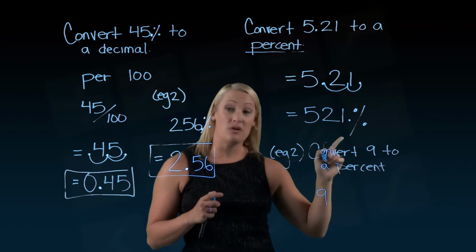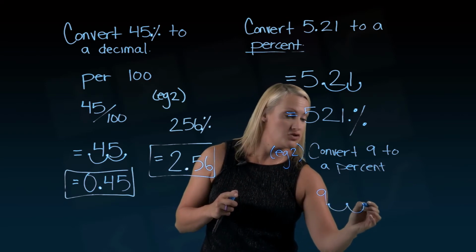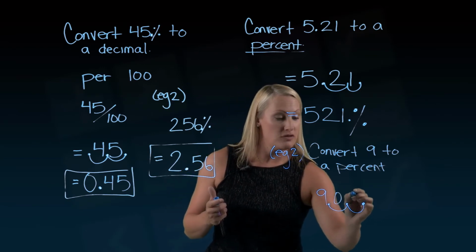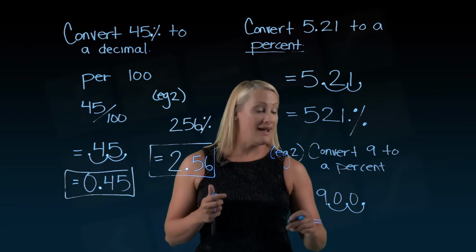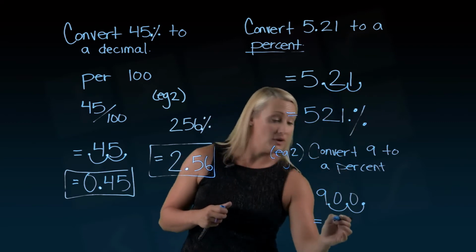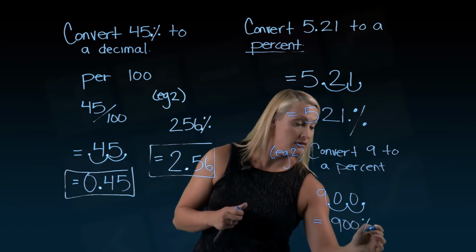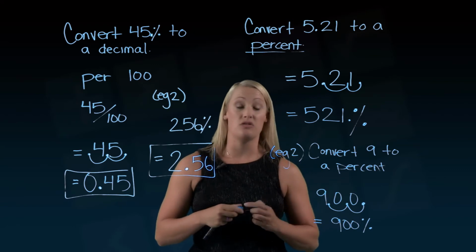I need to move the decimal this time to the right 2. The decimal's right here. So I move it once, and then I move it twice, but there's nothing there to move around. So I'm going to put zeros in as placeholders. So 9 converted into a percent would actually be 900%. So don't be afraid if there's nothing to move around, just add zeros to make that happen.